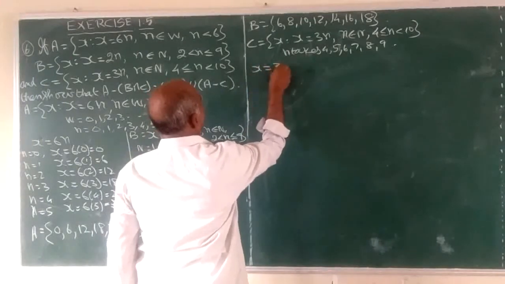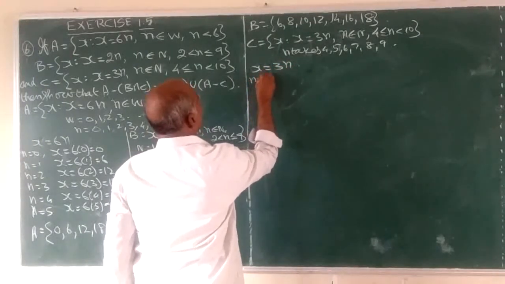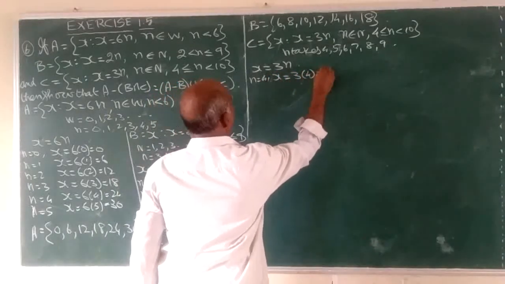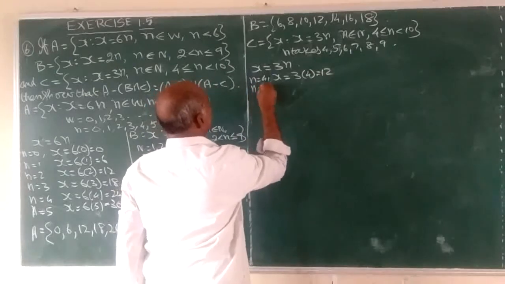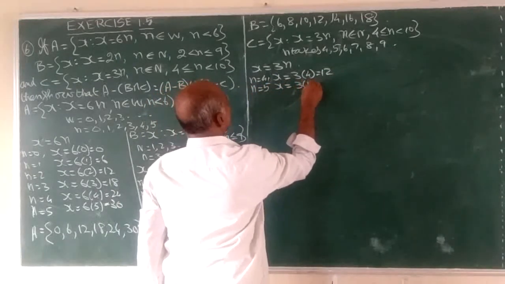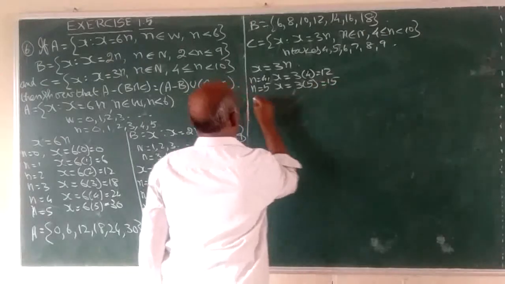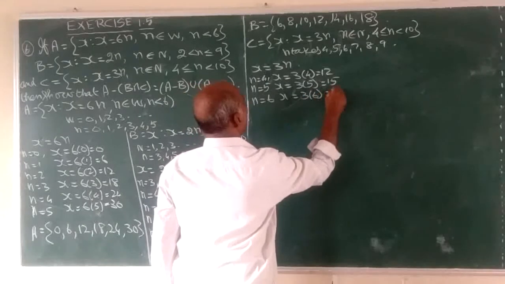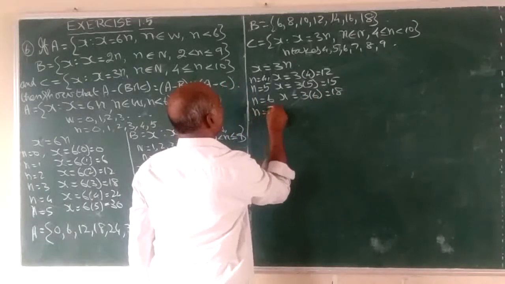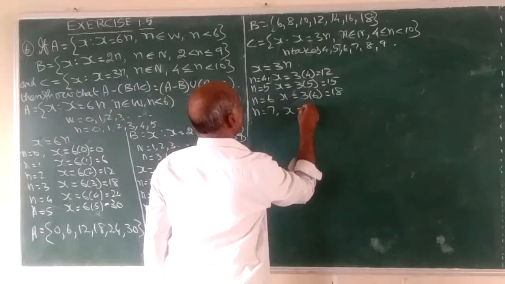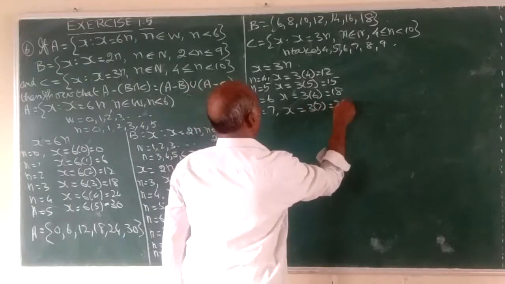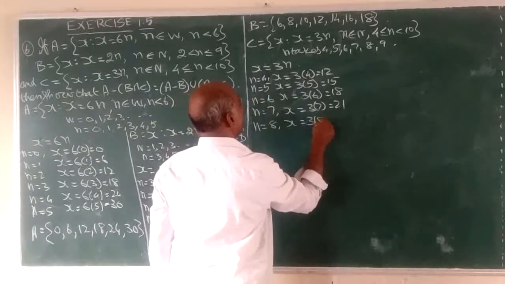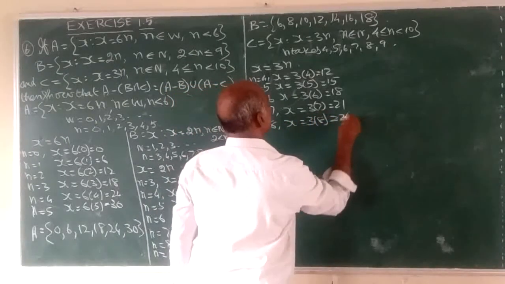x equals 3n. Put n equal to 4, you get x equals 3 into 4, 12. n equal to 5, 3 into 5, 15. Then n equal to 6, 3 into 6 equals 18. n equal to 7, then x equals 3 into 7, 21. n equal to 8, then x equals 3 into 8, 24.